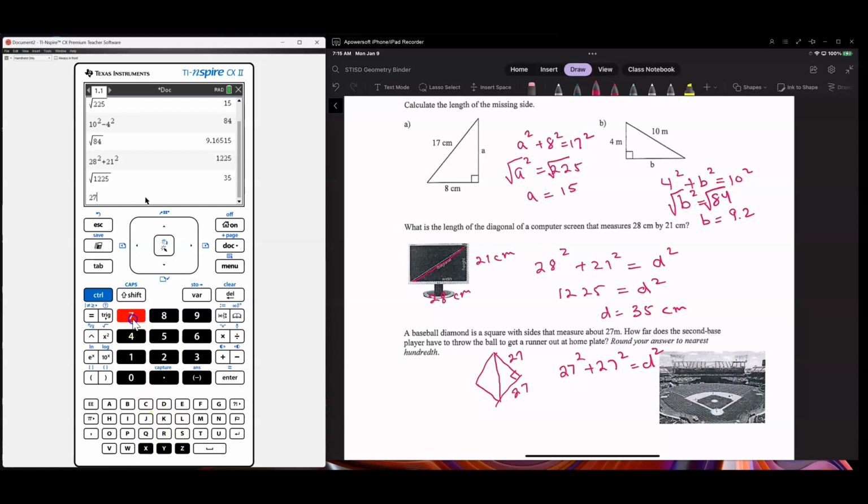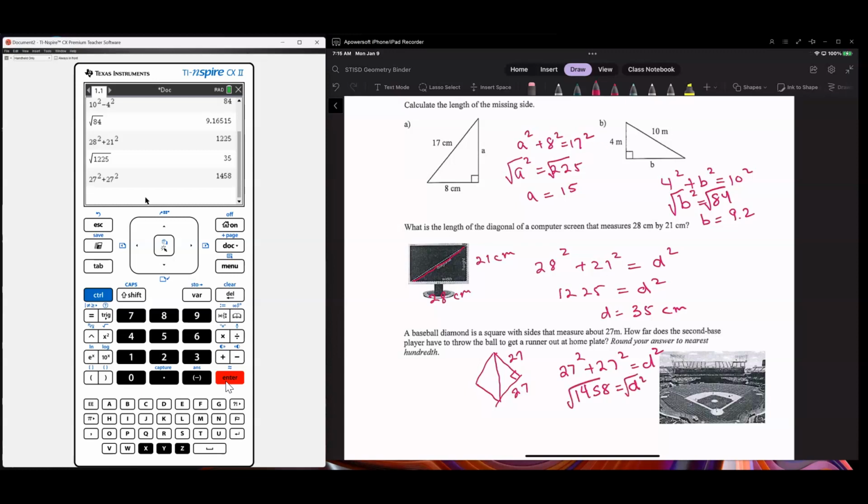So you have 27 squared plus 27 squared. Enter. 1,458 equals d squared.